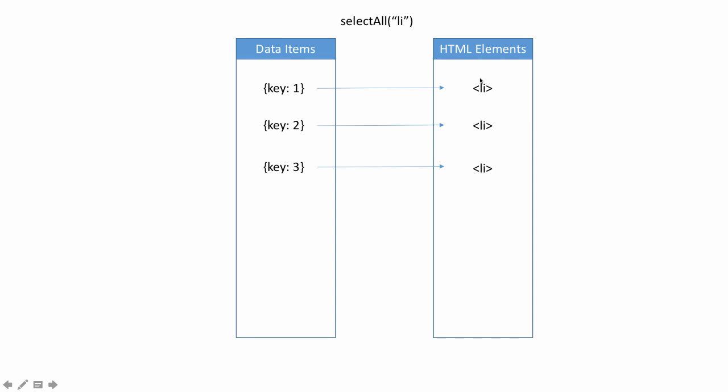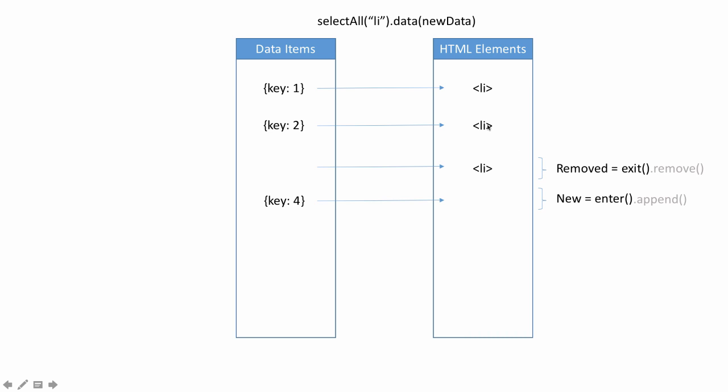Then in the future, if I select LI again, I will get a list of LIs. Now I have them, and I will get the data points that correspond to that LI. If I decided to change the data, let's suppose that I added new data and now I don't have the key 3 anymore, and I have another key here that is the key 4.